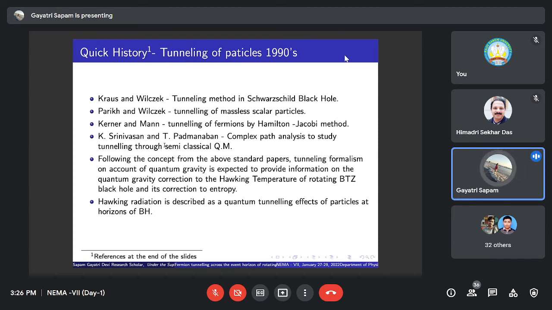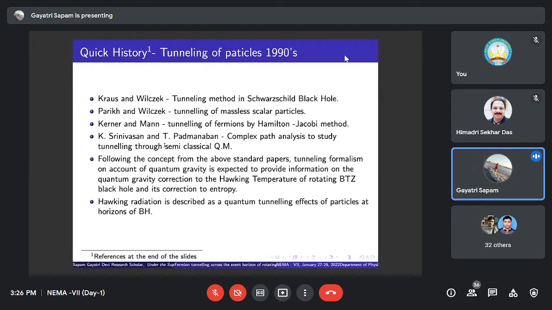So we can redefine Hawking radiation as the quantum tunneling effect of particles at the horizons of black holes. The essential idea here is that we consider a particle and antiparticle pair produced near the event horizon of the black hole. One of the particles will be trapped inside the black hole, and the other will try to move out.